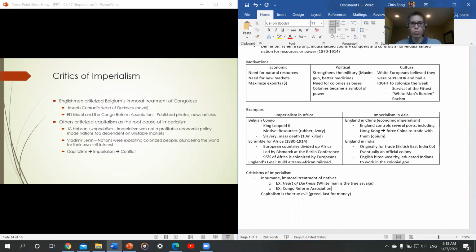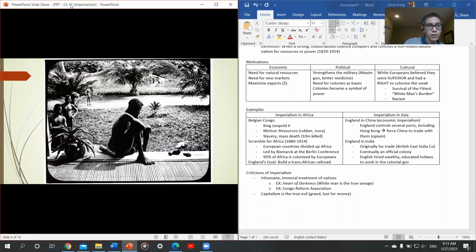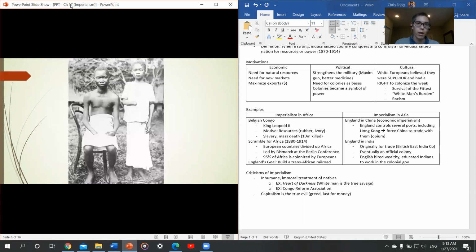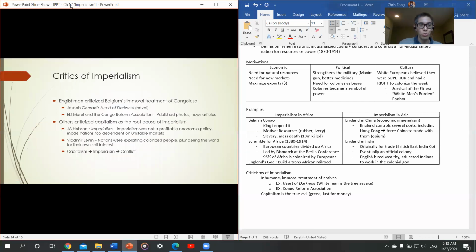And then the other best example of this is the Congo Reform Association. All of those photographs that you saw earlier, let's go back and look at them real quick. All of these photographs that you saw, they were distributed by a group called the Congo Reform Association that in both Europe and America recruited some of the most powerful authors like Mark Twain and Sir Arthur Conan Doyle, who wrote Sherlock Holmes, and got them to publish these photographs and publish articles criticizing King Leopold.